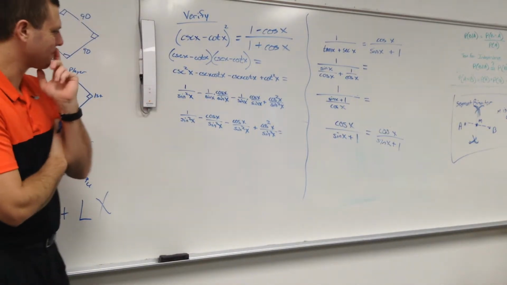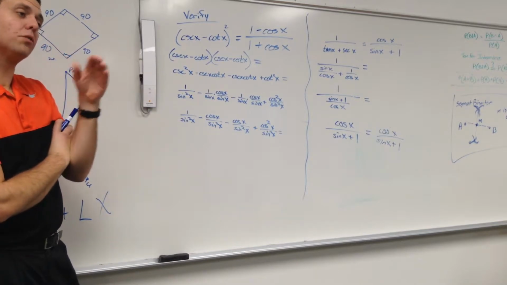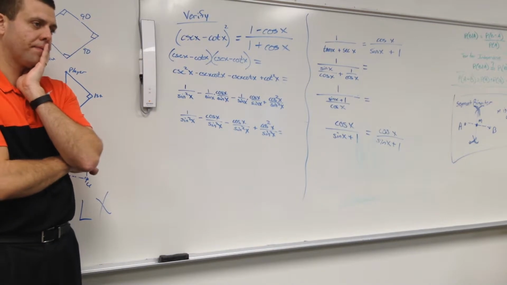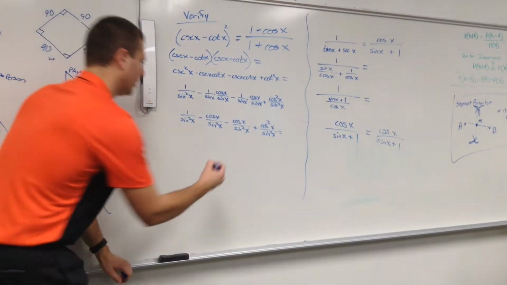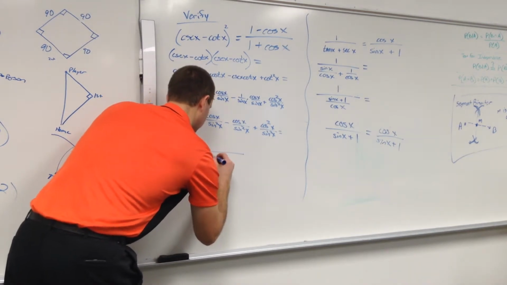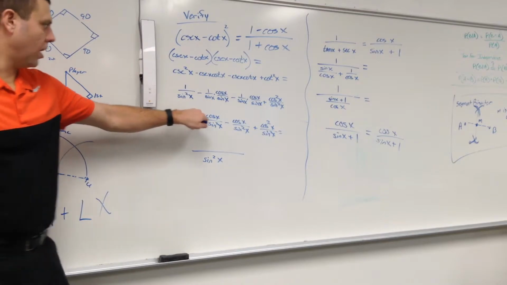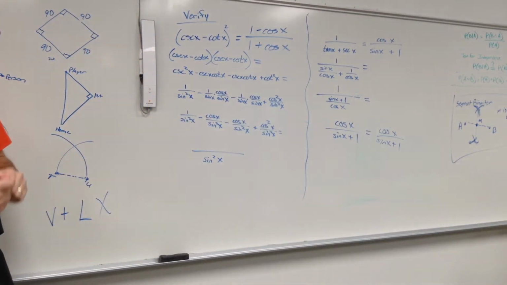You guys will love this one. Can you cancel out? We can't cancel because we're not multiplying, but I can write this as a single fraction now. They're all over sine squared. So I can do 1 minus cosine x minus cosine x plus cosine squared x.